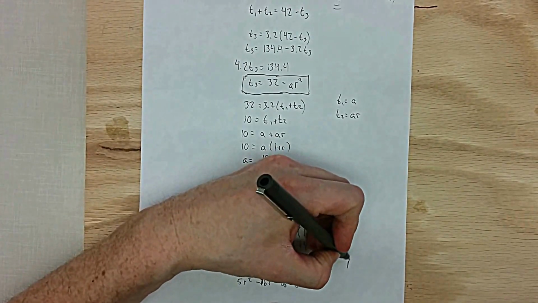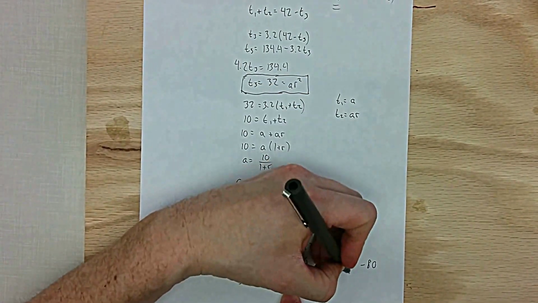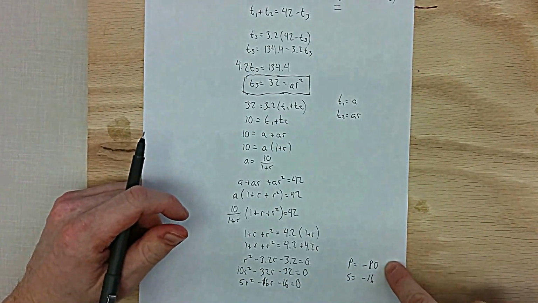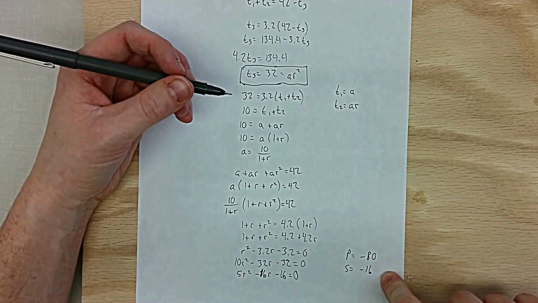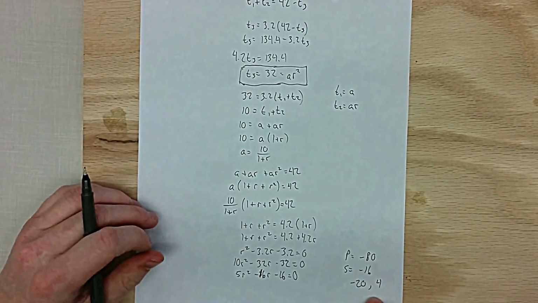So I'll just set up over here: my product between my first term and last term is negative 80. My sum is negative 16. So two numbers that multiply together to give me negative 80, that add together to give me negative 16, that's going to be negative 20 and positive 4.